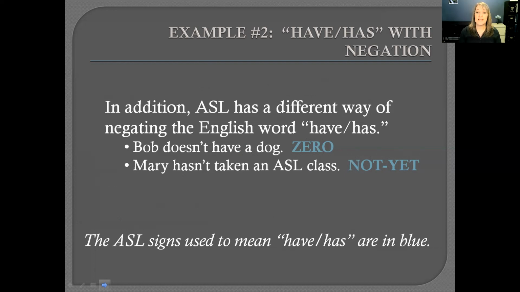If you're saying that you don't own something, then you actually sign zero. Bob doesn't have a dog. Mary hasn't taken an ASL class. The way you negate has not is to sign not yet. So it's very, very specific to ASL. So you have to know the right have or has version in order to also know that you negate those signs in a different way as well.